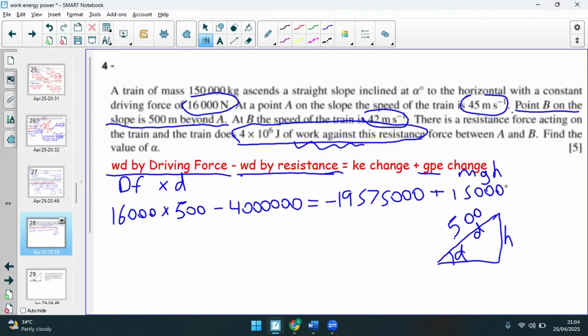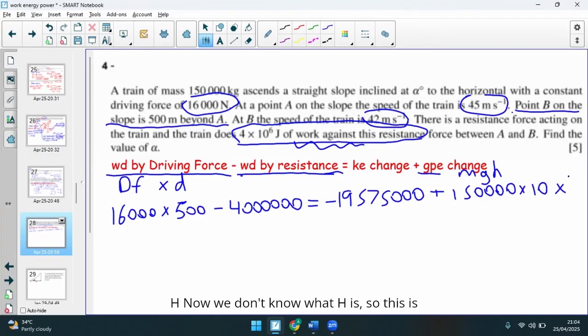Now, MGH will be 150,000 times G times H. Now, we don't know what H is, so this is slightly tricky.